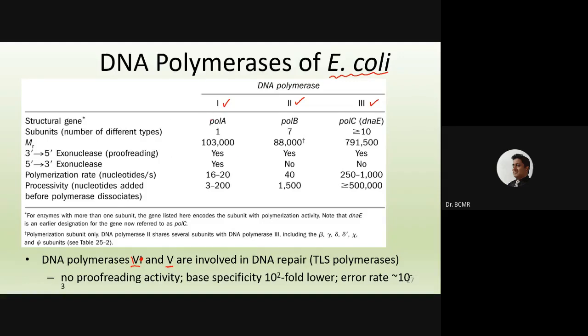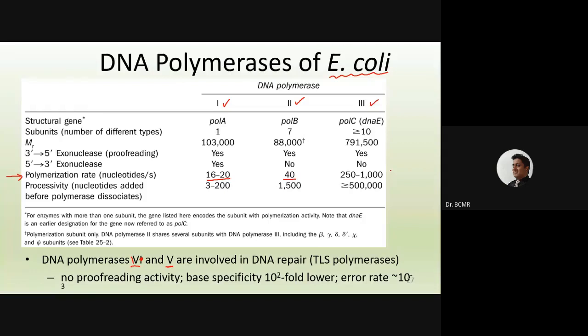You don't have to mug up the genes and all, but what I want you to remember is the rate of polymerization. DNA polymerase 1 can add up to 20 bases per second, and polymerase 2 can add up to 40.